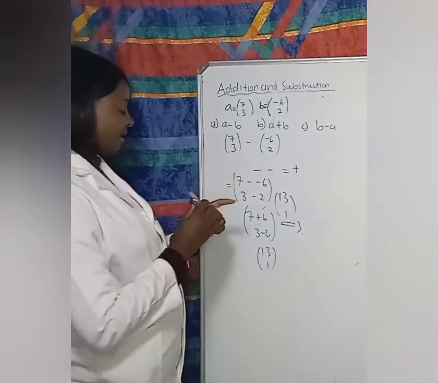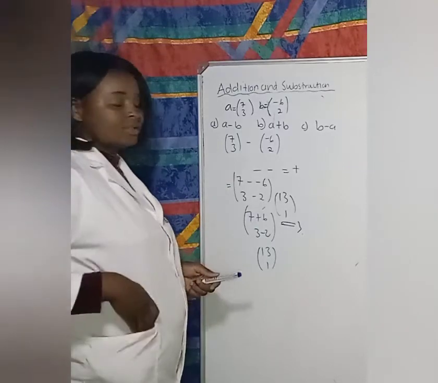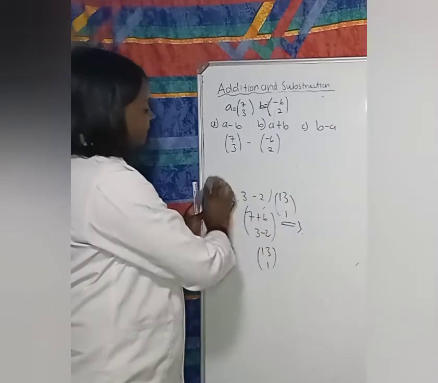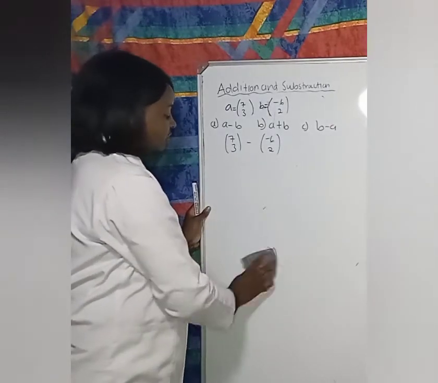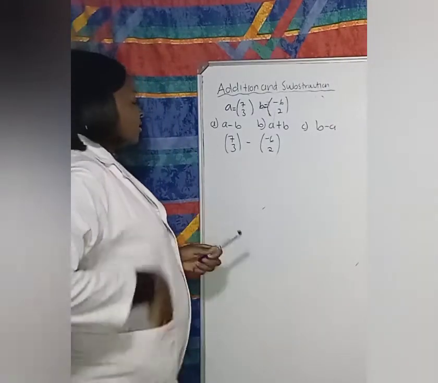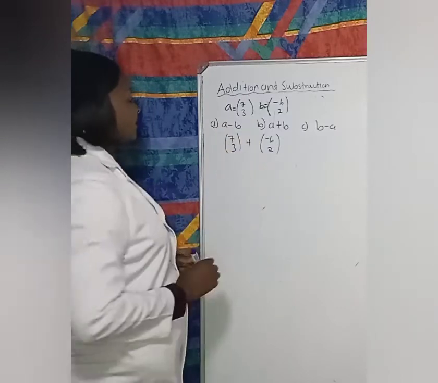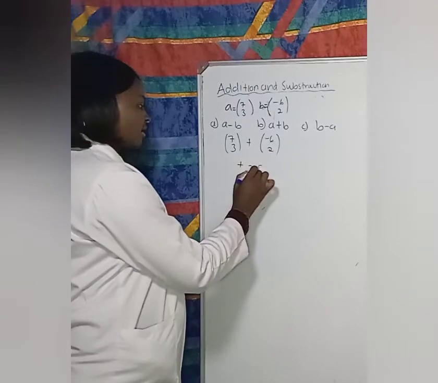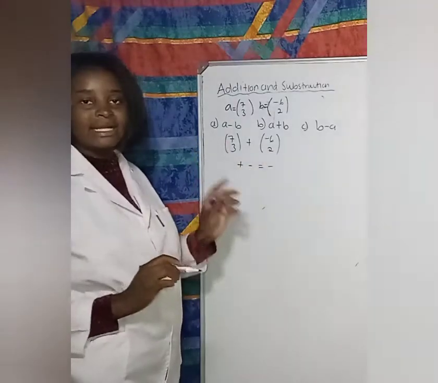What about A plus B? I'll have to create space, so I'm going to erase this one. In place of minus, I'm just going to put a plus there. So it's now A plus B. Remember, a plus and a minus, when they are following each other, what you get is a negative.